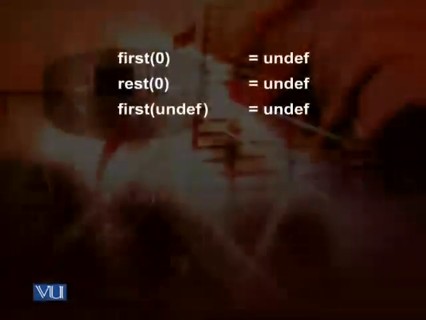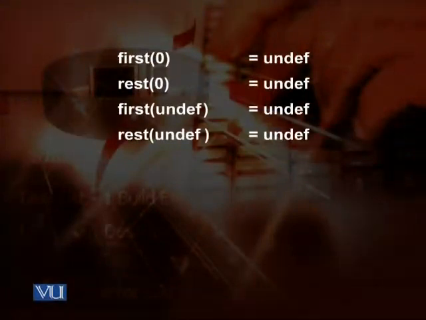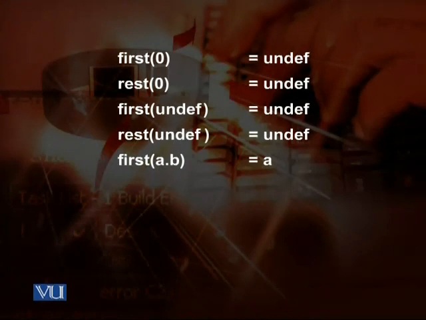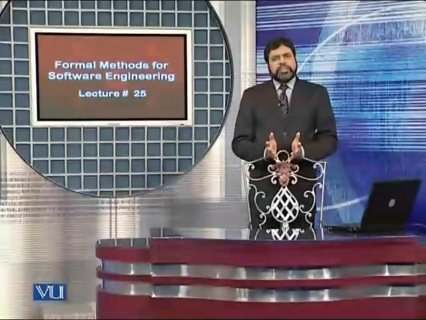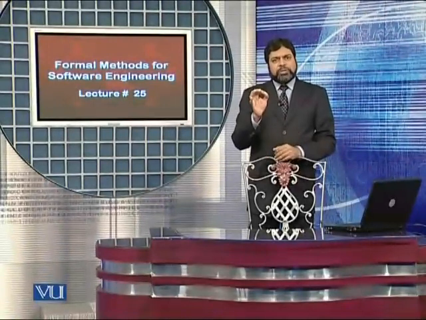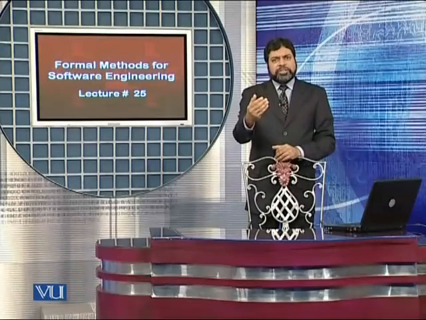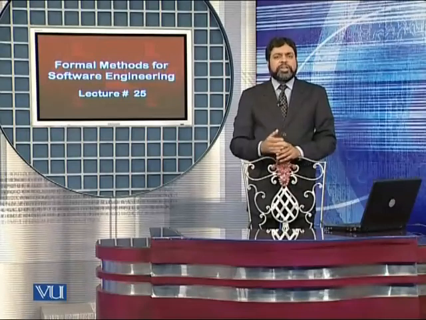Then we have the first of undef is equal to undef, and the rest of undef is equal to undef. First of A dot B is equal to A, and rest of A dot B is equal to B. Once again, first and rest are the head and the tail methods. The dot adds this element at the head of the list, in the front of the list.